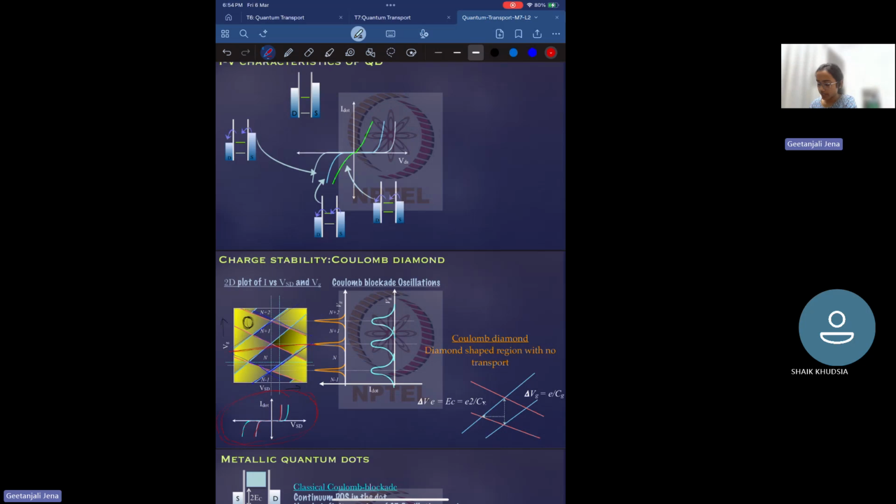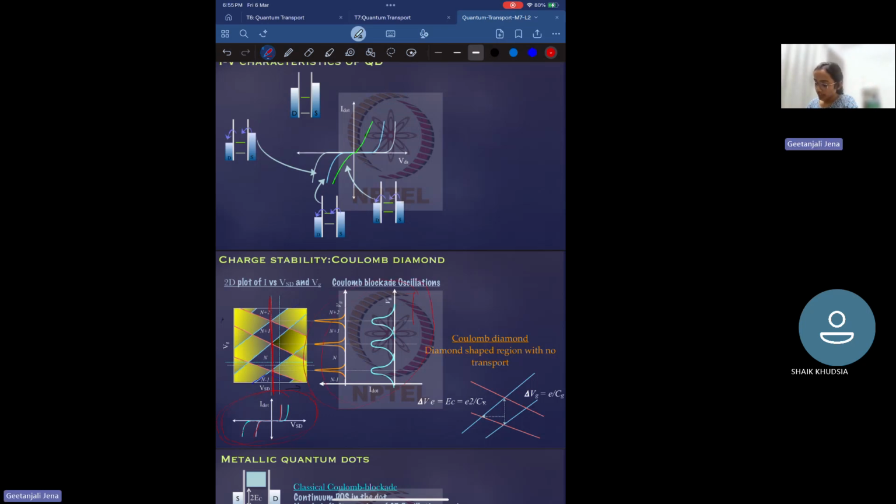On the other hand, if we fix the drain to source voltage, like this vertical line, and see the effect of increasing the gate voltage, then this is what we have seen earlier.